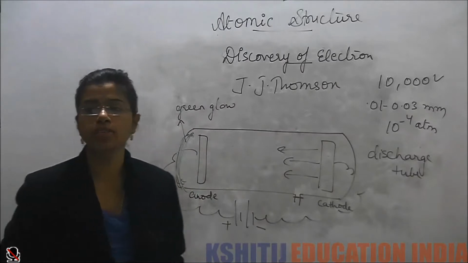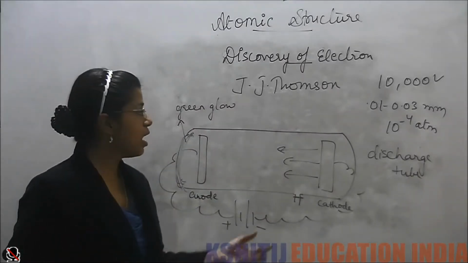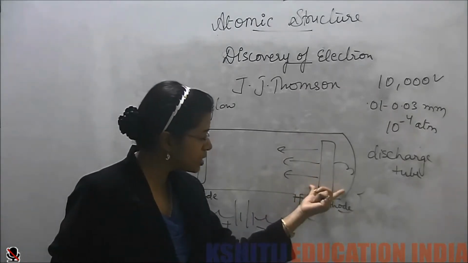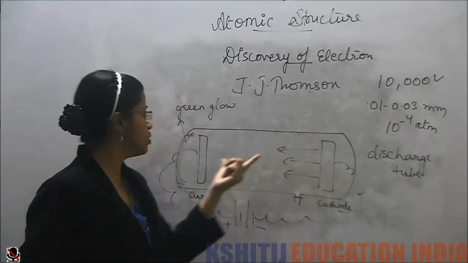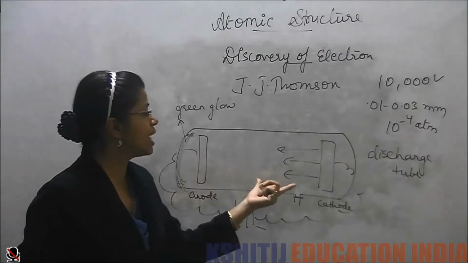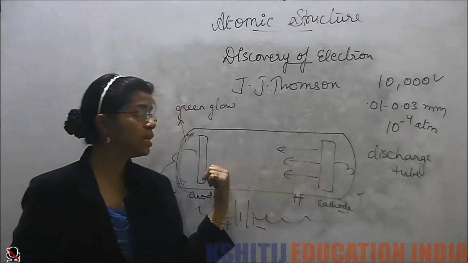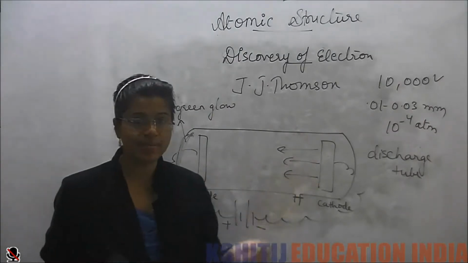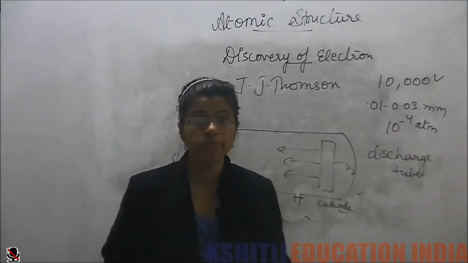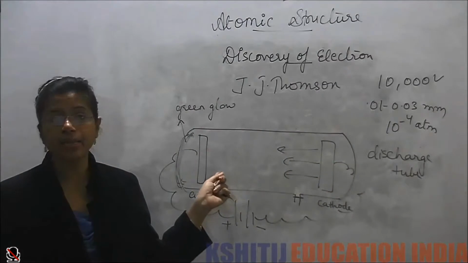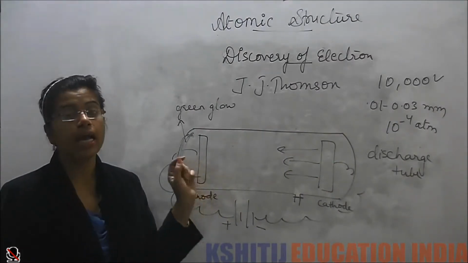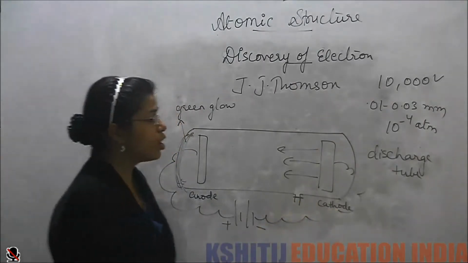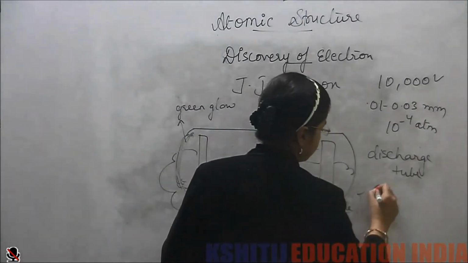Since these rays traveled from the negative end to the positive end, moving towards the anode, obviously they should carry some negative charge. That is why they are attracted by the anode. And since they were emitted from the cathode, they were called cathode rays.